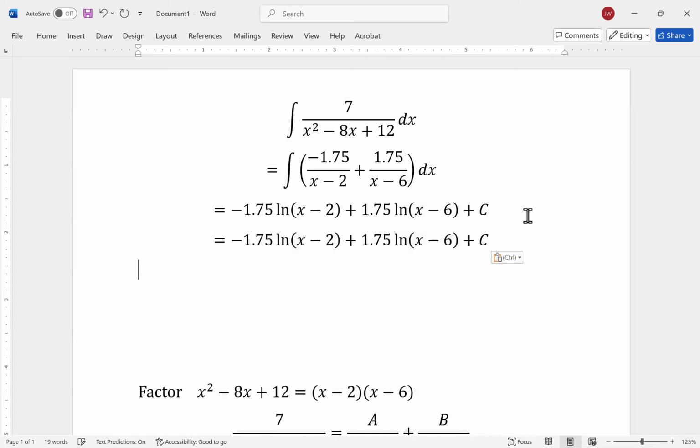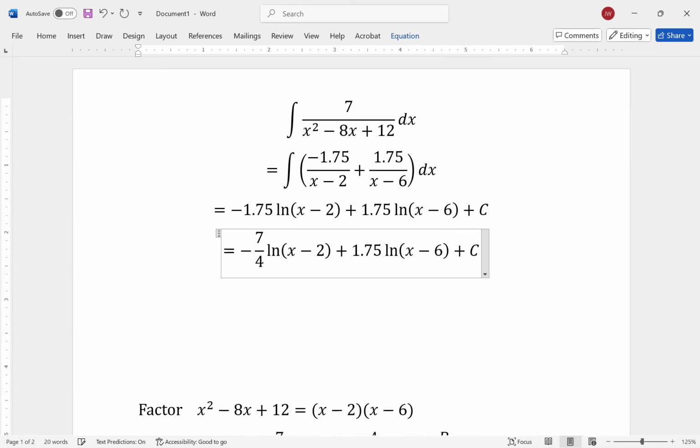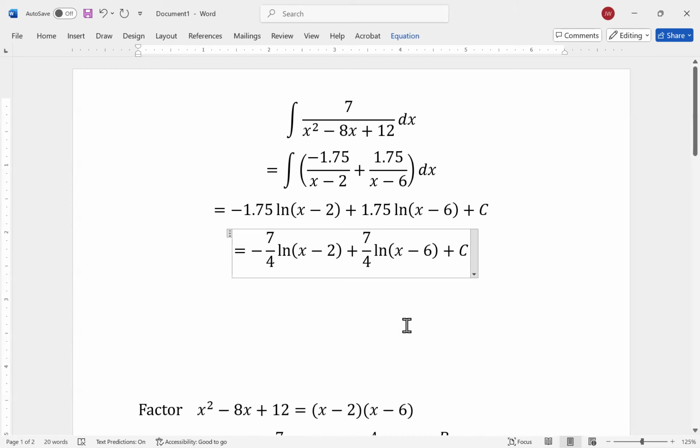Obviously 1.75 as a decimal ends, so that's kind of a nice decimal to deal with. Sometimes if we want to be precise and our fraction is ugly, then we might want to write things as fractions or mixed numbers or whatever you like. Either way is fine with me.